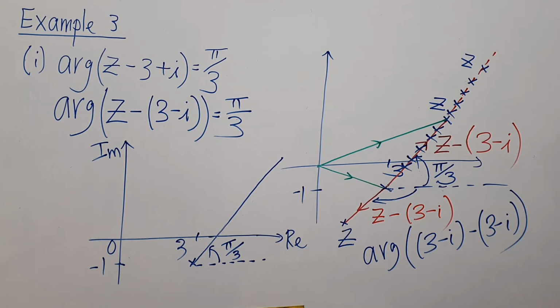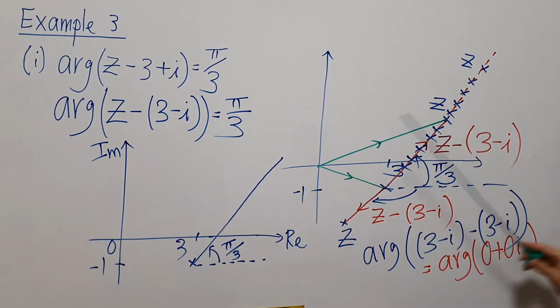A complex number 3 minus i minus 3 minus i gives you the complex number 0 plus 0i. What is the argument of 0 plus 0i? 0 plus 0i is just a point. There is no defined argument for it. So you find that while all points along here will satisfy this condition, the point itself doesn't.